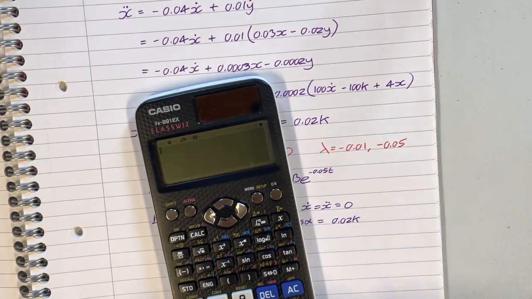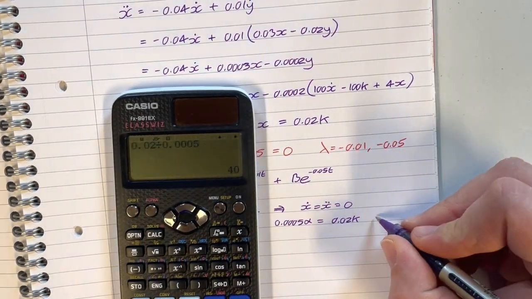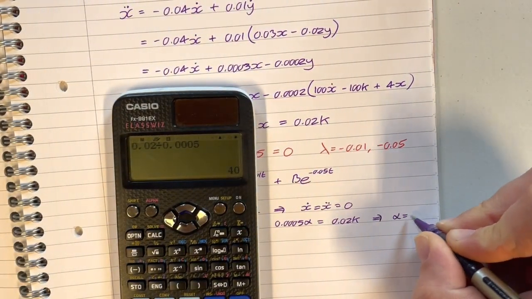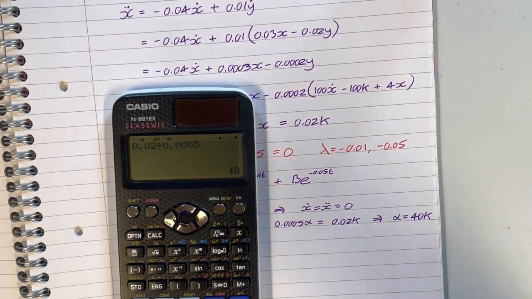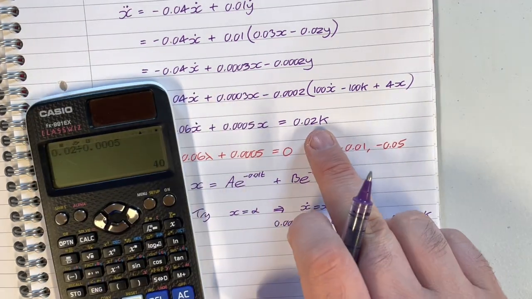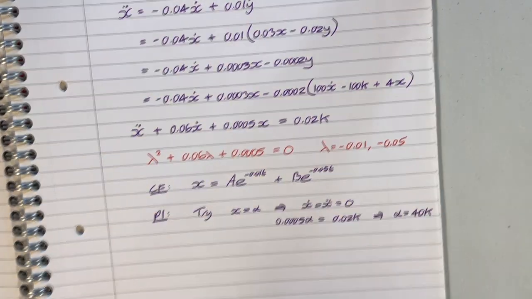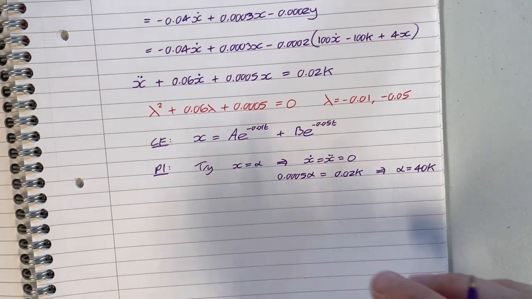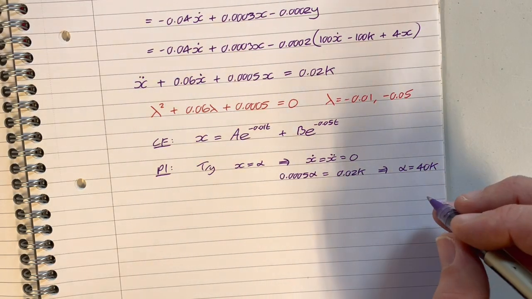We're going to do 0.02 divided by 0.0005, which is 40. So I get alpha is equal to 40k. Okay, so there's alpha. And it's in terms of k because my function was in terms of k. So I can't go any further than that. I don't know the value of k. Okay, so that's my particular integral.